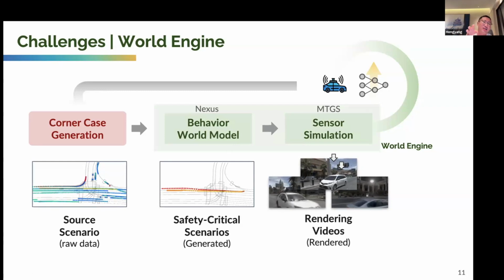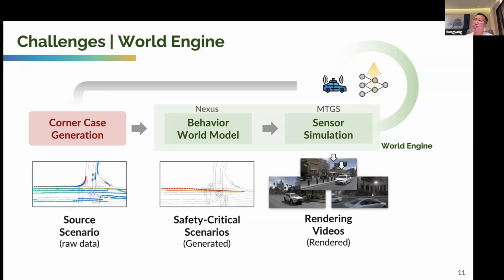Basically, it means given the trajectories, you want to model the behavior between the environment and your ego vehicles. And then once you have the trajectory, you want to render the scenes. This is what we call the generated or rendered videos. So this is a sensor simulation. So through this feedback, we have this data engine to generate a lot of corner case scenarios.